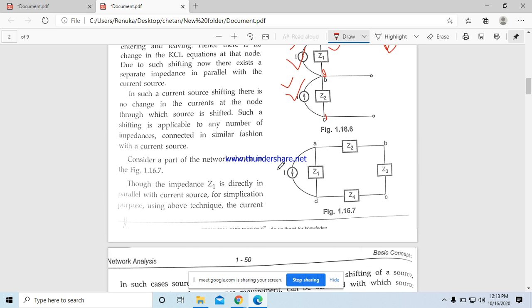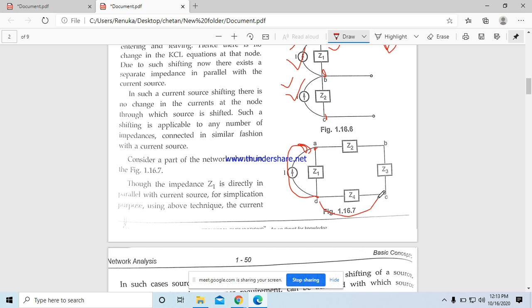Next, if you are having a current source like this, connected parallel to A and D, instead of drawing like this, whatever the effect you will get at point A and D, that same effect you can get. Actually, current is moving from D to A, right? Instead of drawing like this, what you can do?